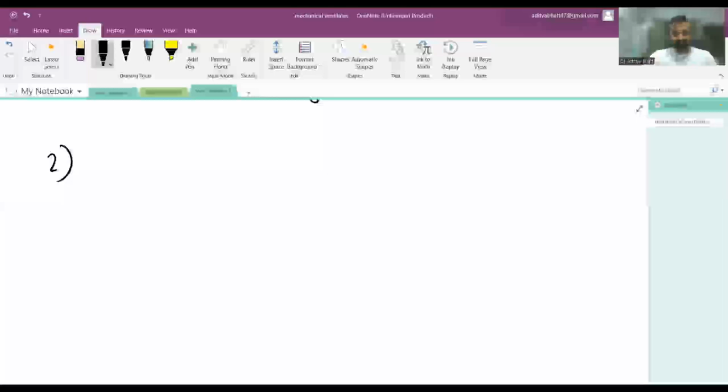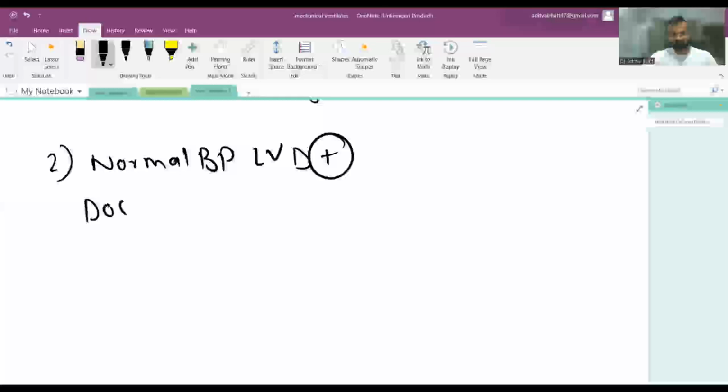The second situation is when there is normal BP, but LV dysfunction is there. The drug of choice becomes milrinone. Milrinone is a PDE3 inhibitor and an inodilator.